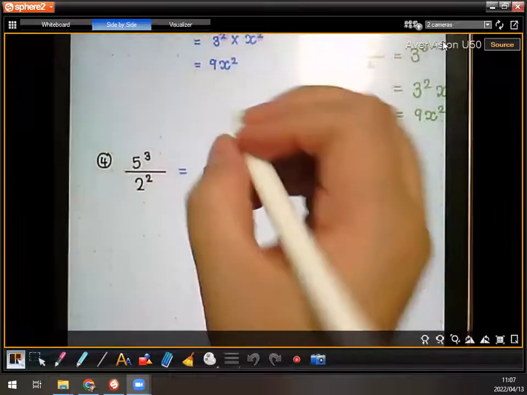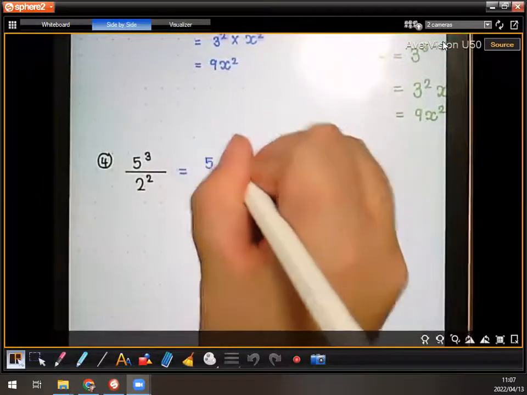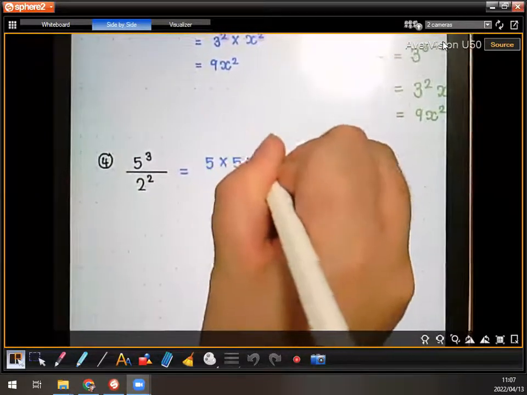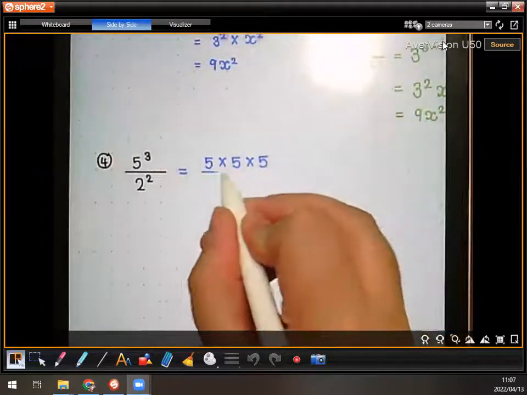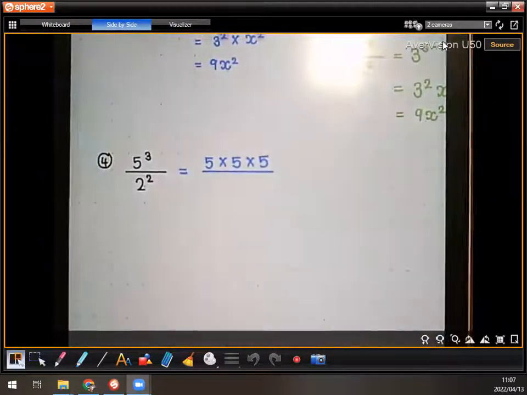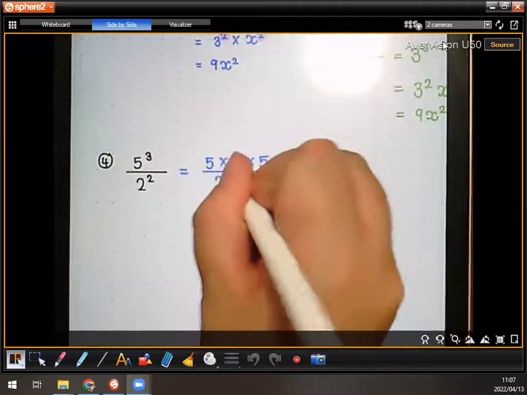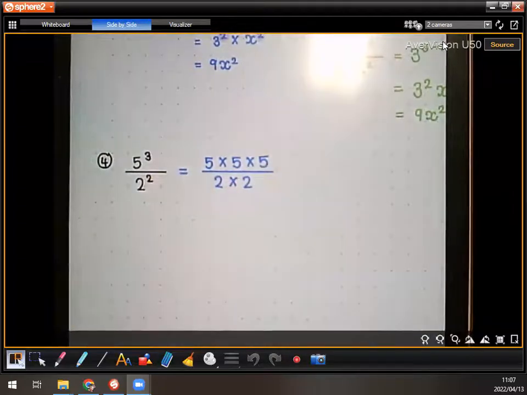What is 5 cubed? 5 times 5 times 5. Right? That's 5 cubed. Over, what's 2 squared? 2 times 2. Can I cancel out a 5 and a 2? No. So we can't do that. All right, we can't use that method.